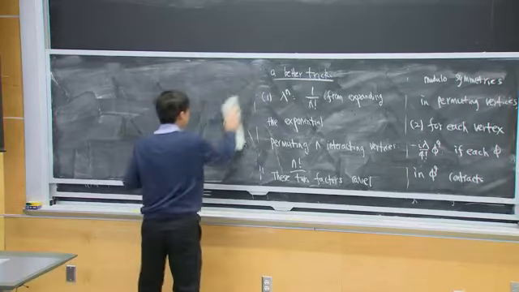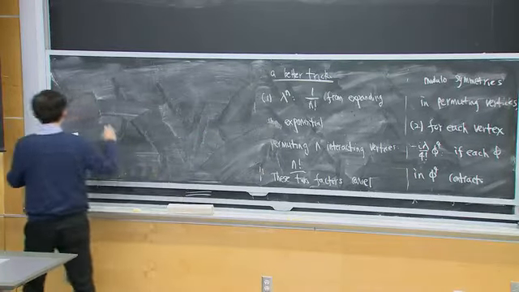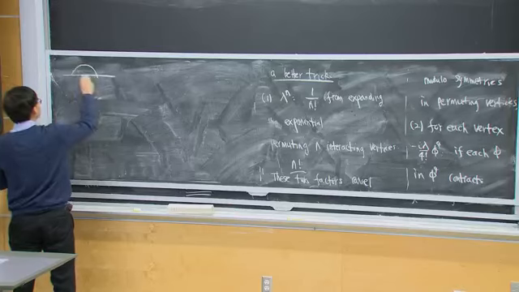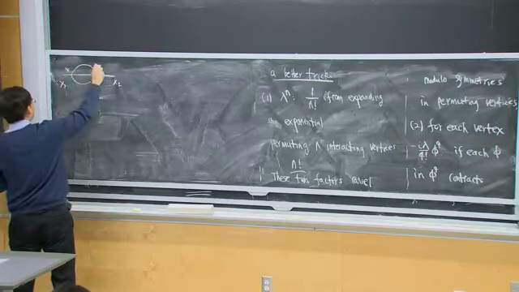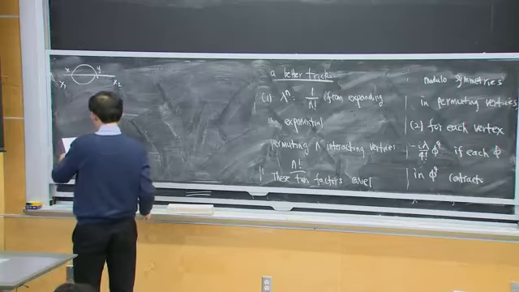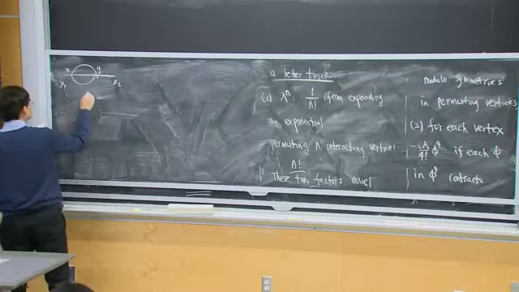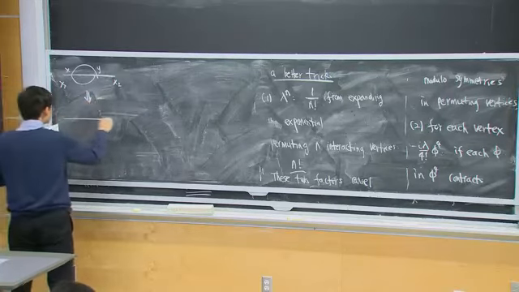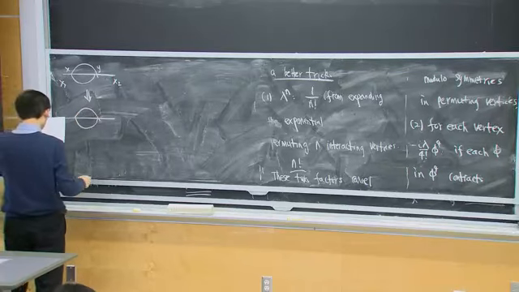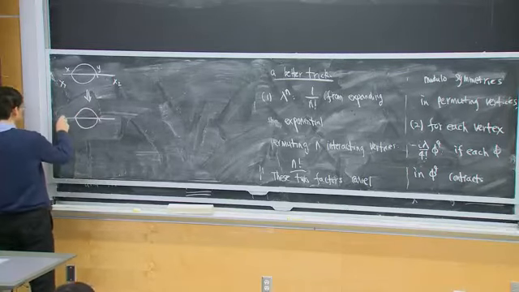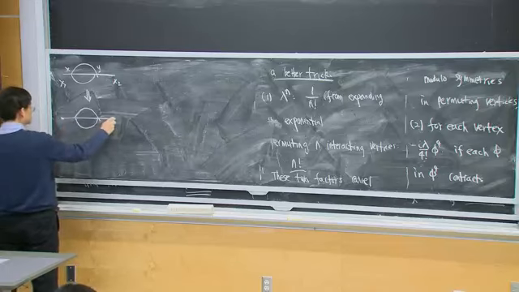This diagram looks like this. In coordinate space, we have x1, x2, and x and y. Now when we go to momentum space, the diagram is the same, just now we label the momentum. We have the external line here, external point here.